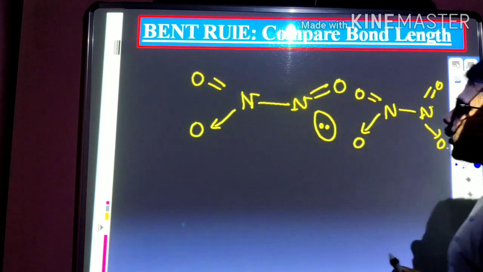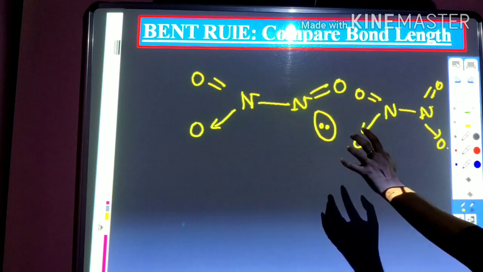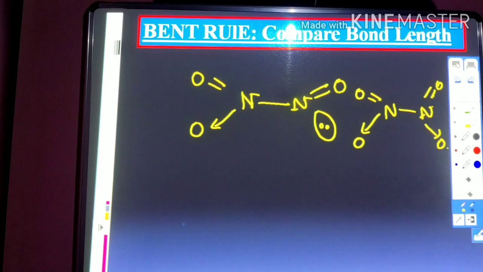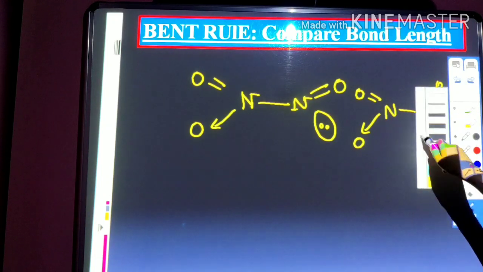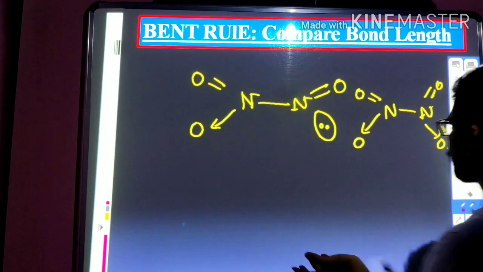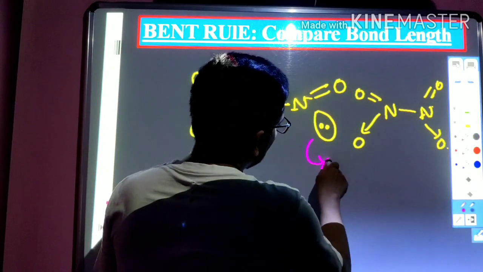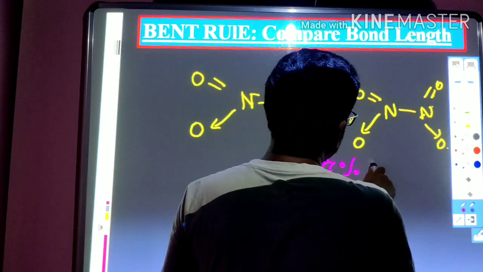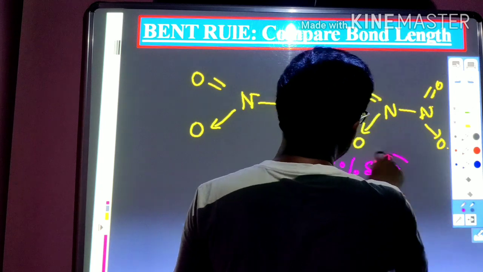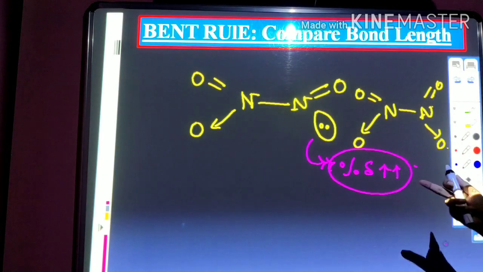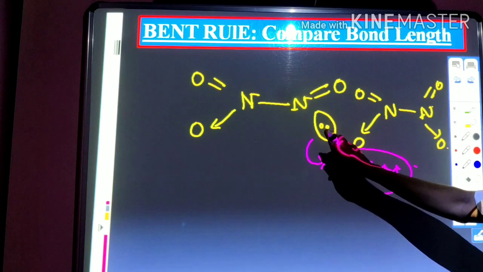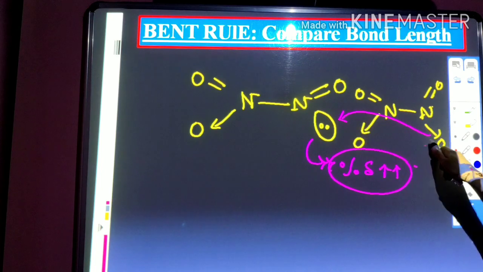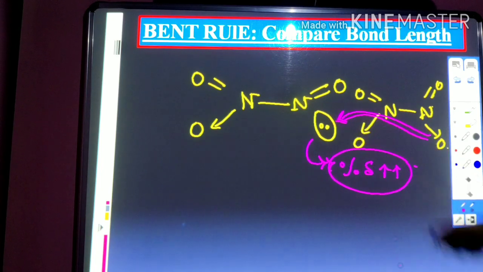Okay. Now if you compare this one, what will happen? See, lone pair will preferably occupy a position where percentage of S character will be more. If you move from oxygen to lone pair, what will happen?